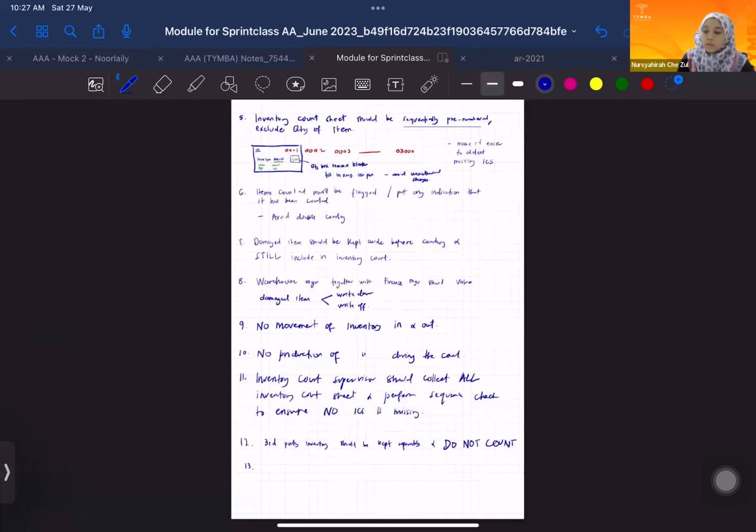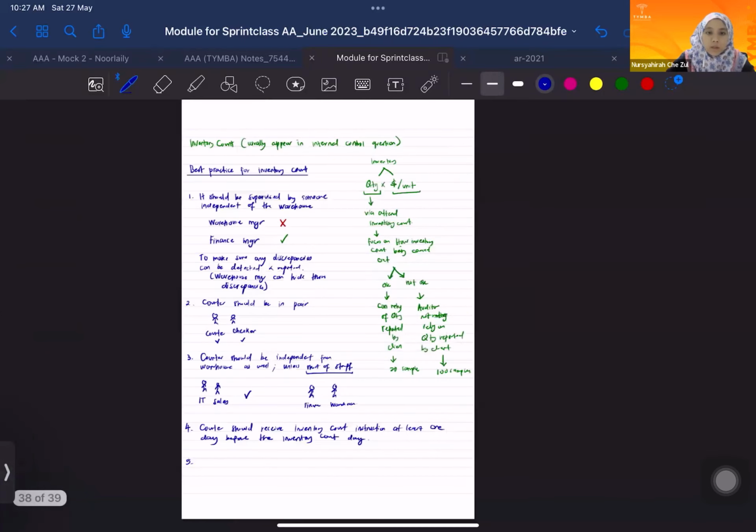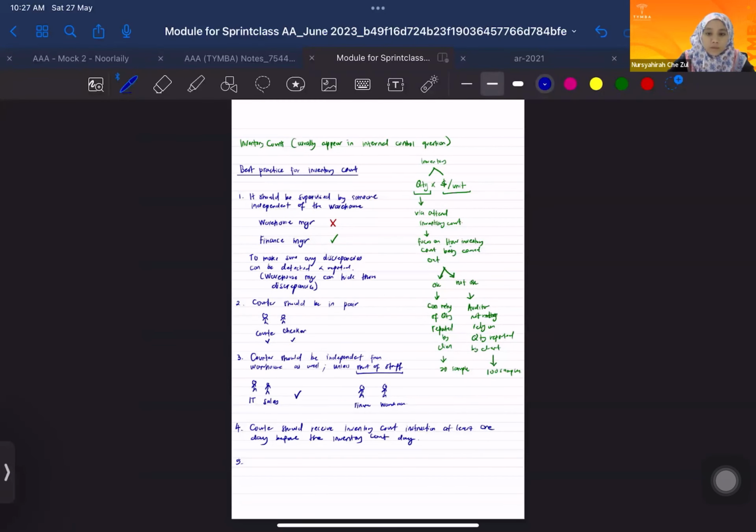So let's look into a question relating to inventory count. Hold on, I'll extract the question for you. If you have the PTP practice revision kit, you can look into the question on the Lily window class.